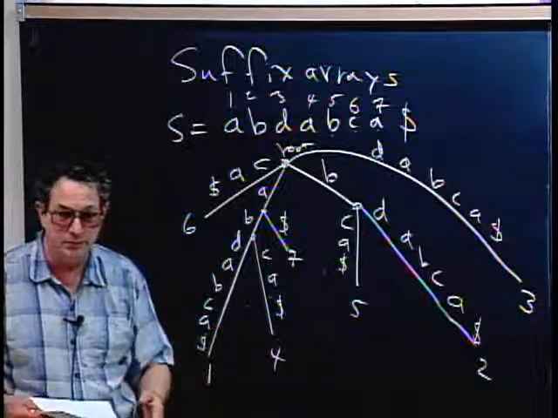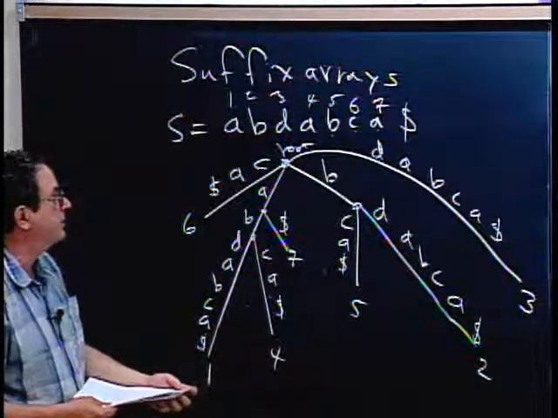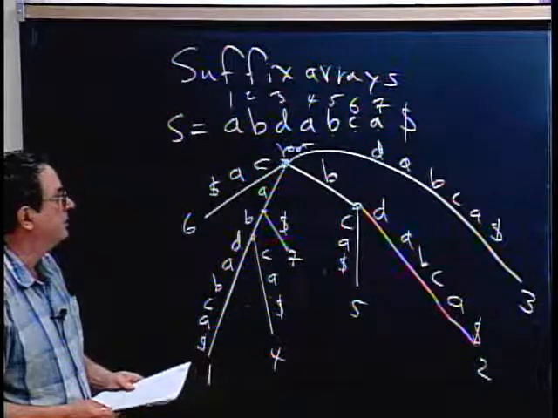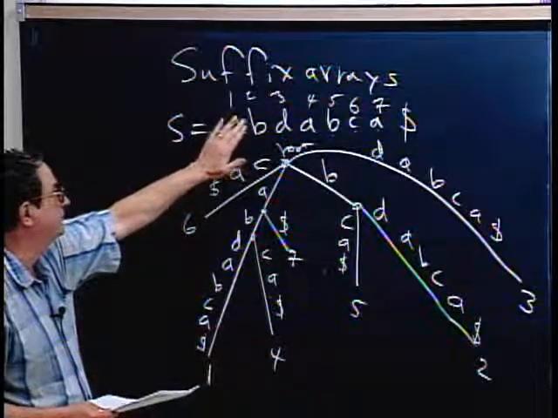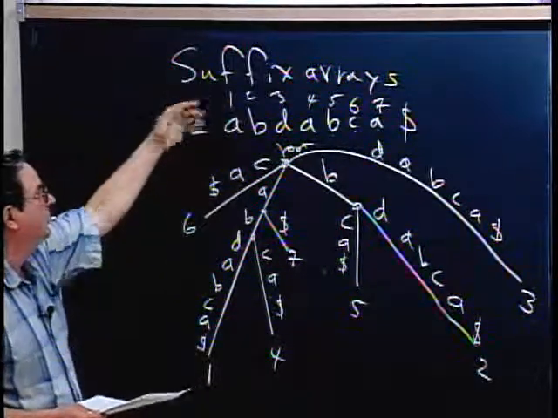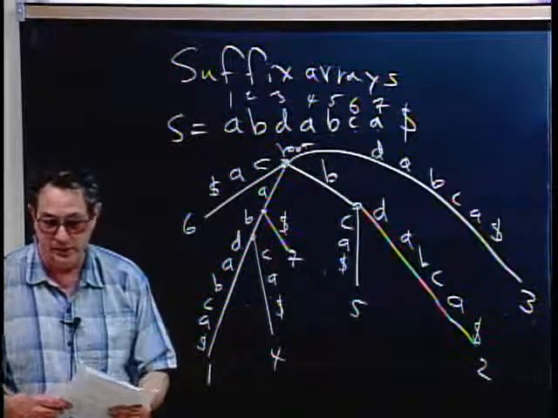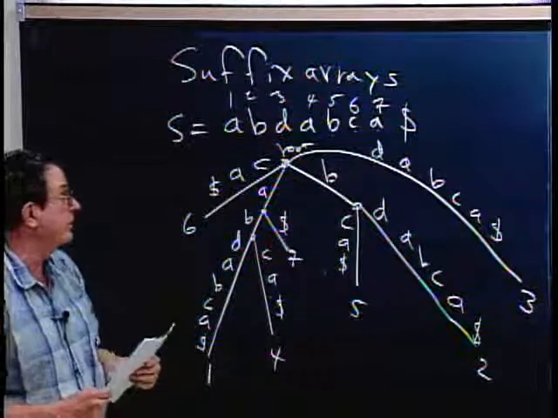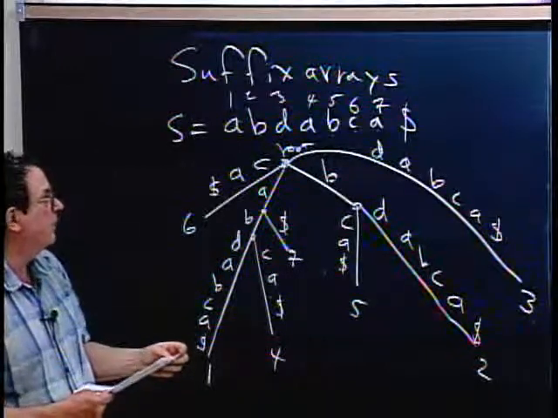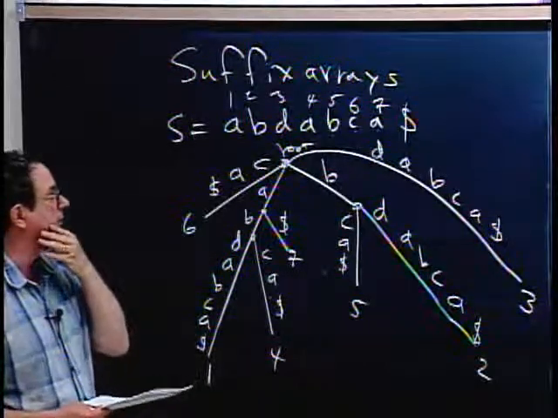It's easier to build and faster. And since the revitalization of research, suffix arrays have mostly supplanted the applications that suffix trees were useful for. I'll say a little bit more about that later.